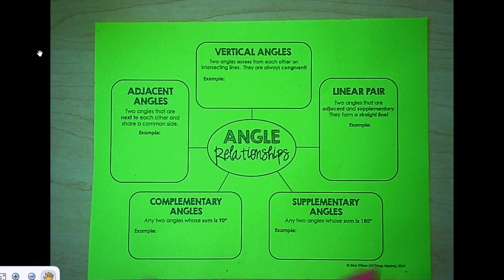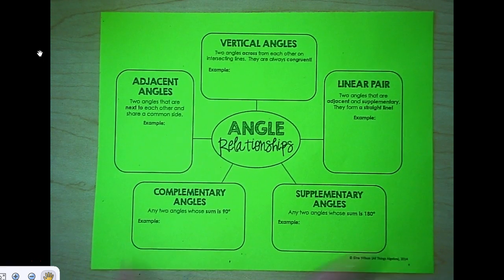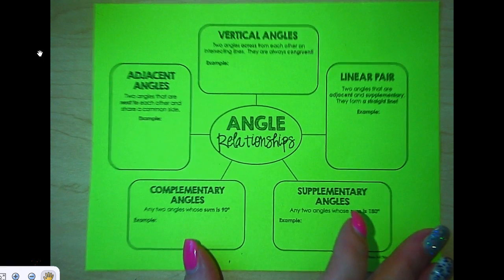All right, so these are some angle relationships. This is getting into the heart of what it is we need to know. And it should mostly be new material to you.